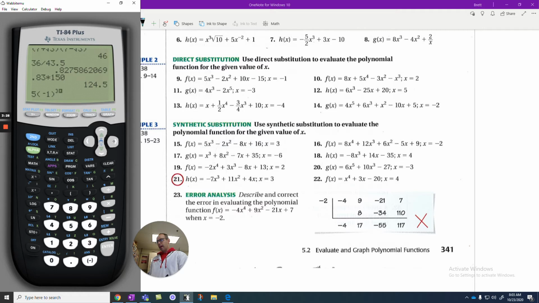And then we got to get out of the exponent, minus 2 parentheses, negative 1, close parentheses, squared. That one I can do with just a square button. And then we got minus 8x, minus 8 parentheses, negative 1, and then minus 15.